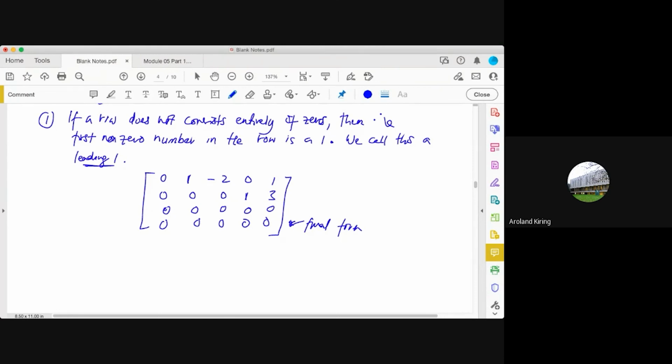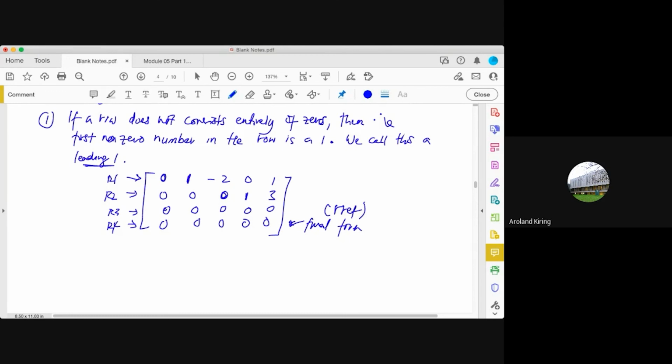Okay, so if we look at row 1, row 2, row 3, and row 4. For row 1, the first non-zero number would be 1. Okay, you got 0, you got 1. For row 2, the first non-zero number, you got 0, you got 1, would be 1. Okay, so that shows that this is an RREF. So you got here 1 and 1.